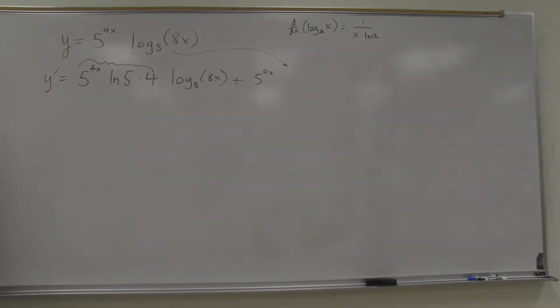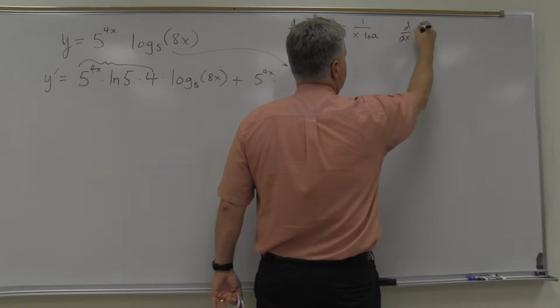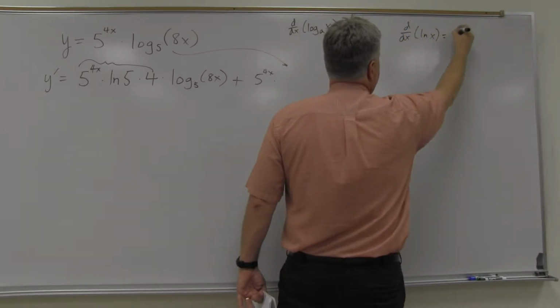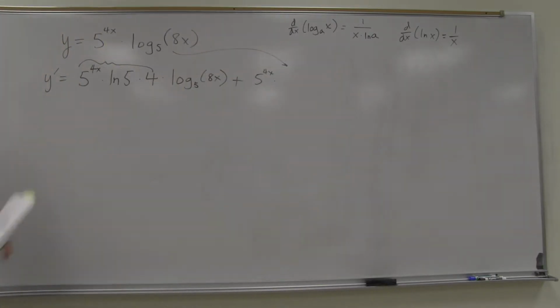So at any other base, you've got 1 over x, but then you have that extra little piece. That's really all it amounts to.